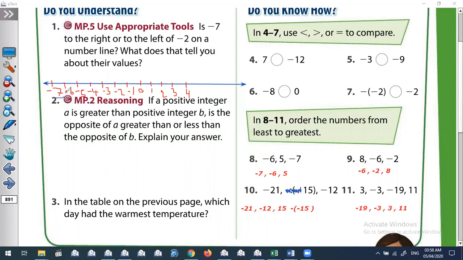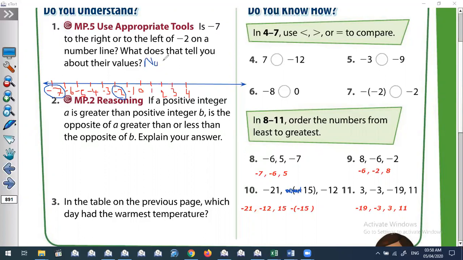Here, negative 7 and negative 2. Is negative 7 to the right of negative 2? This is the right of negative 2, and this is the left of negative 2. So, no, it's on the left.